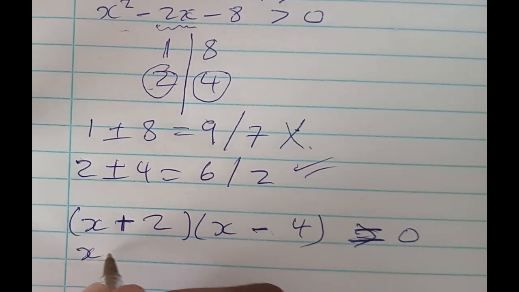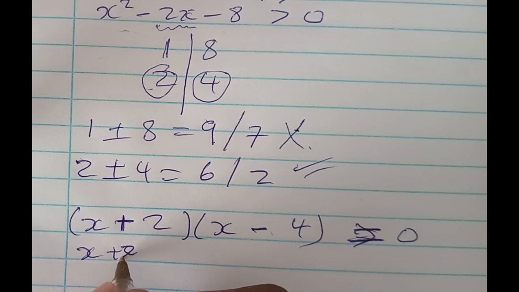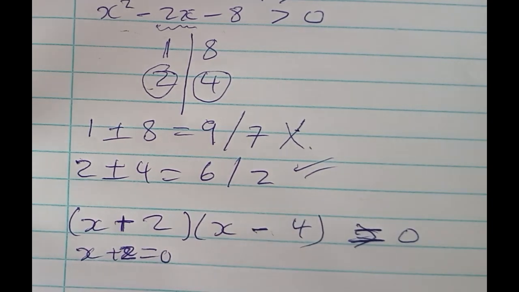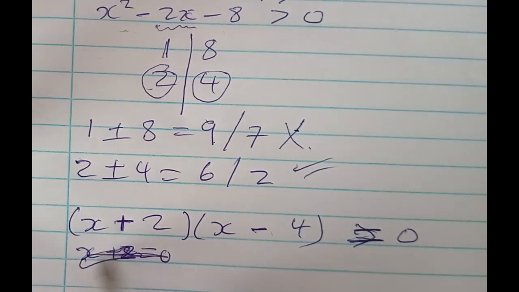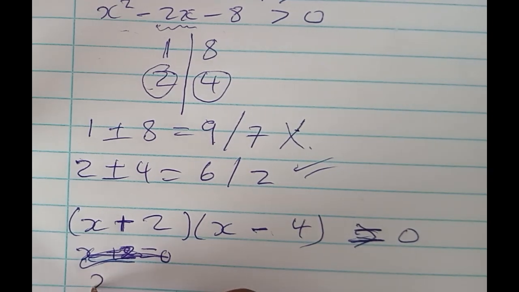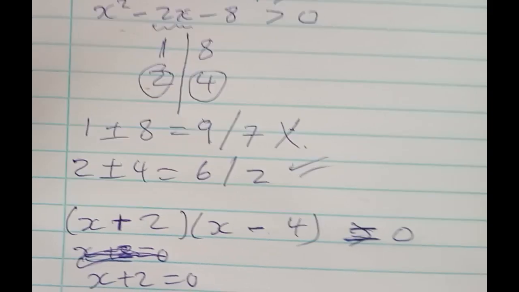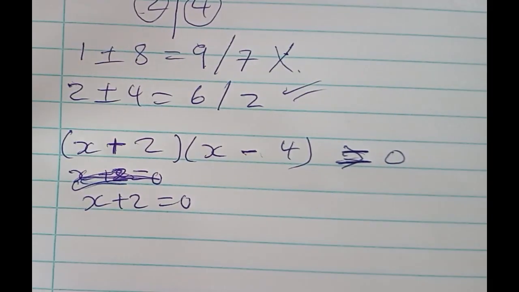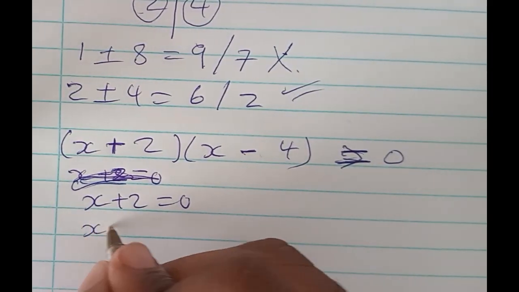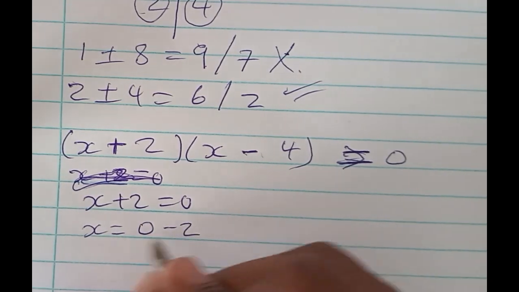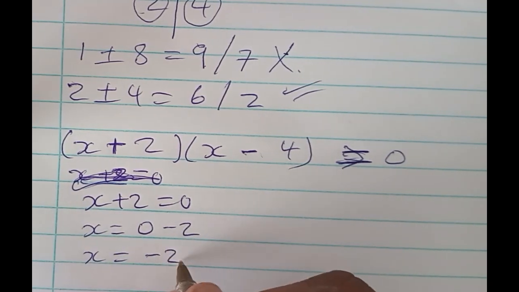Now I can equate this one to 0. Let me write it well, guys. So I'll say x plus 2 equals 0. After that I'll take 2 to the opposite side, so it will be 0 minus 2. My x is negative 2.